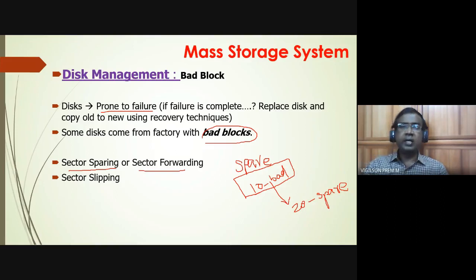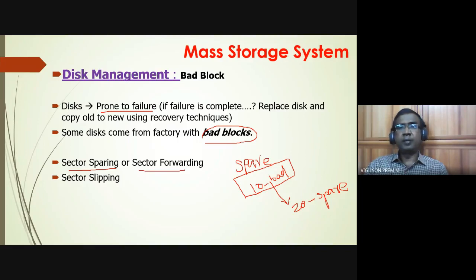That is what we refer to as sector forwarding. Whatever data you write at bad block 10, you don't know whether it is a bad block or a good block. The user will not know, only the operating system knows, by doing some process. So the OS finds that particular sector to be a bad sector and assigns a spare sector.